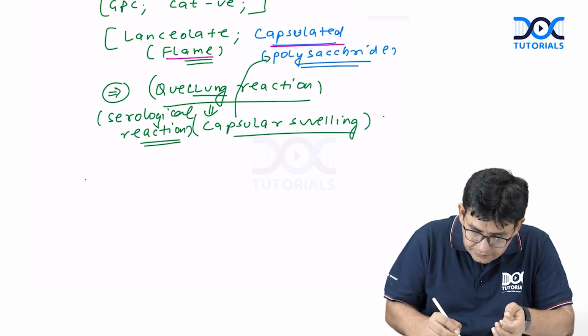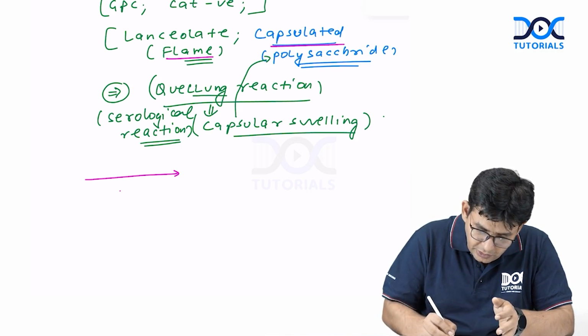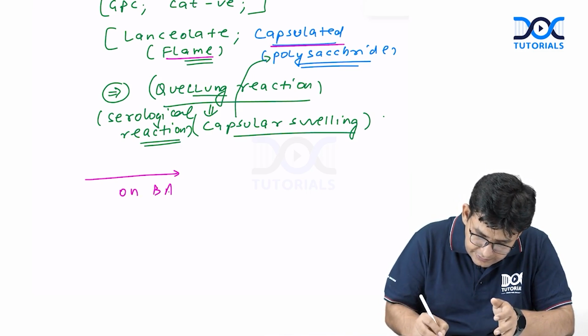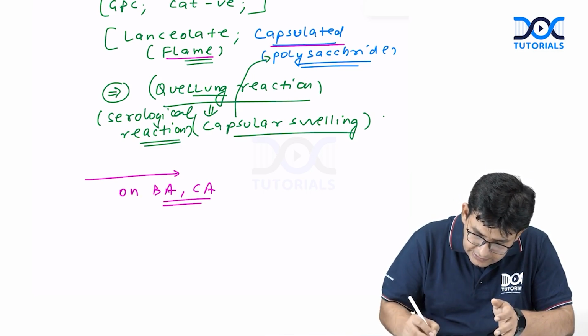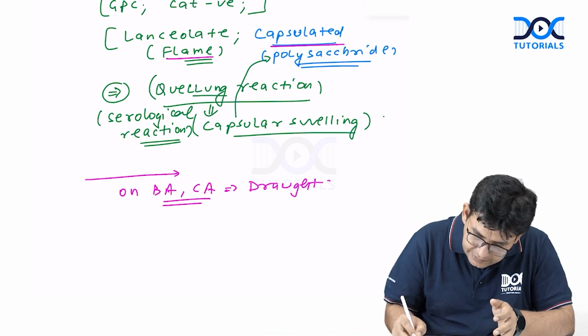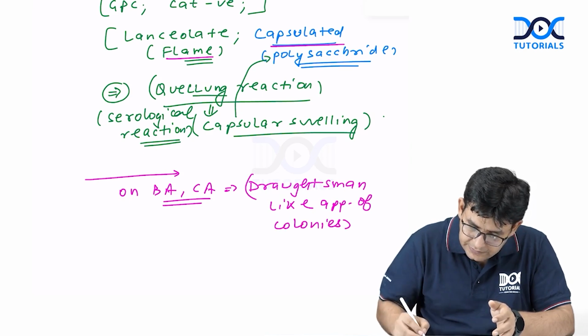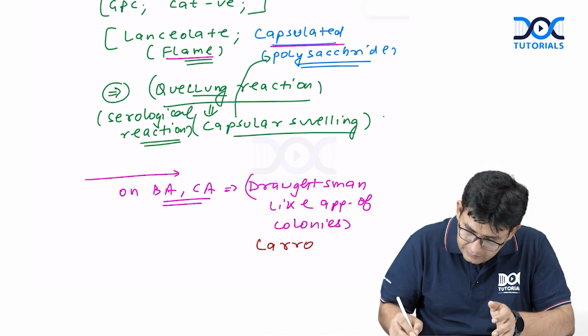Besides that, this particular one on blood agar and chocolate agar produces draughtsman-like colonies, a draughtsman-like appearance of the colonies, also termed carom coin-like.